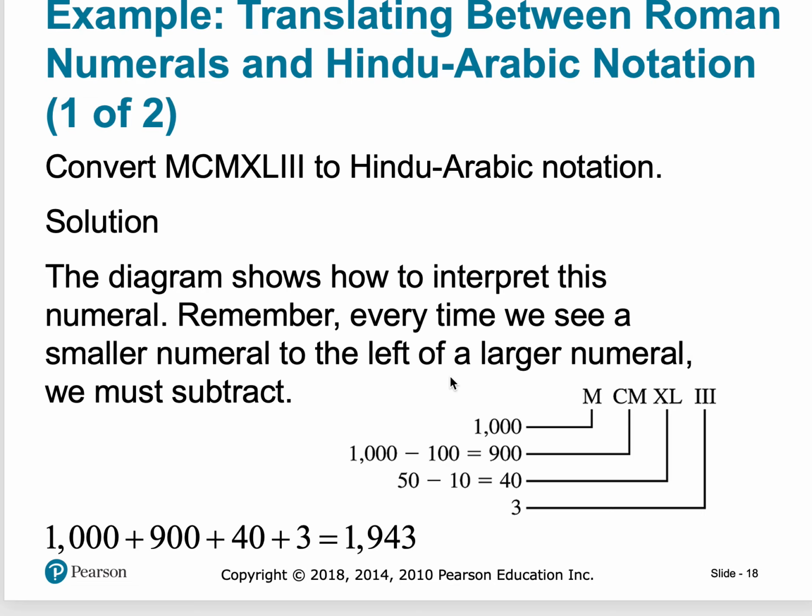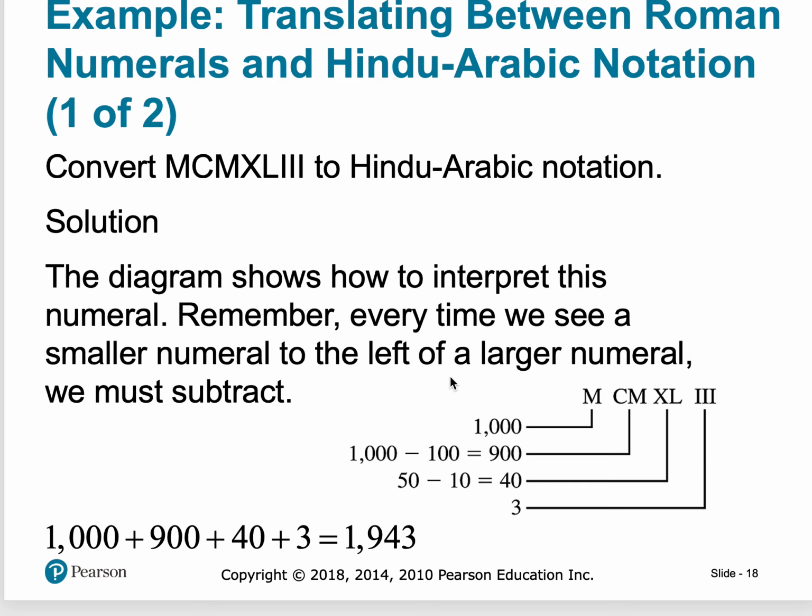So if I want to work on translating between these number systems, let's look at what we would do. We would take the symbols. We would write out what the symbols represent. We know that C is a lower value than M, so we know to do subtraction. We know that X is lower than L, so we do subtraction.